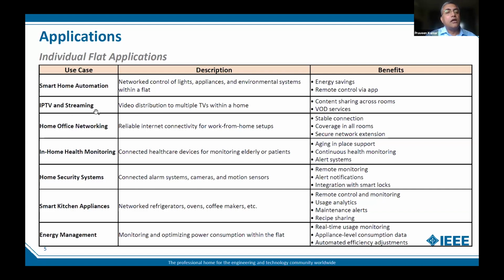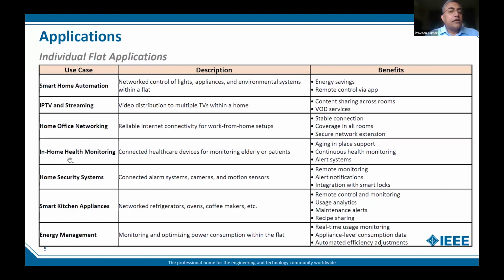Nessum supports up to 1 Gbps at the PHY layer, but even if the MAC layer gives only 60% of it, it will be very suitable to stream IPTV. Then the home office network: Wi-Fi can have zones where the signal is very weak, so PLC could be an option there.